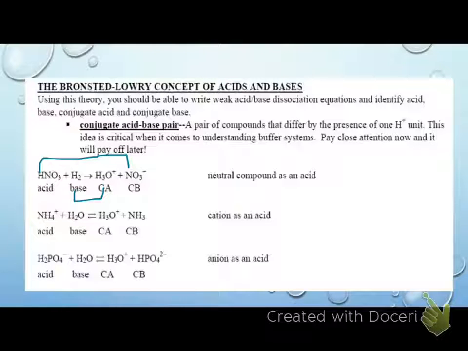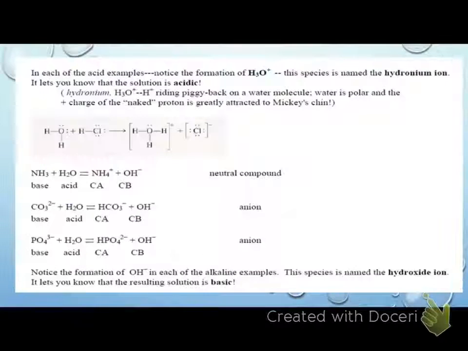Acid goes with the conjugate base. Do y'all remember that from Chem 1? Here's your acid, there's your conjugate base. Hopefully that rings a bell, and I don't need to go over that too extensively. But they are going to differ by the presence of 1 hydrogen unit. So today's a lot of refreshing from last year.